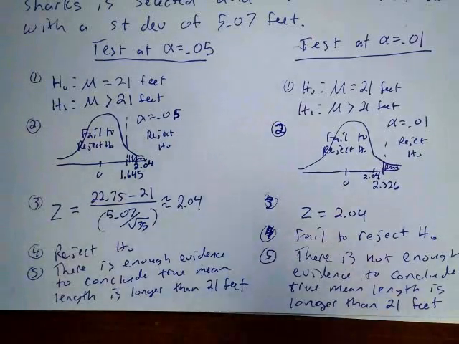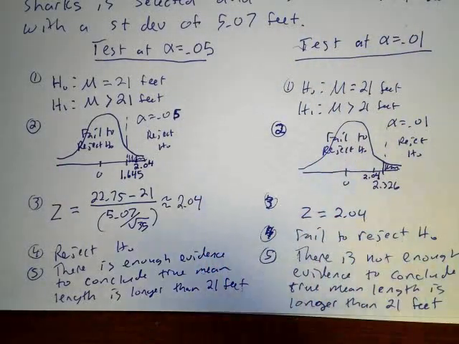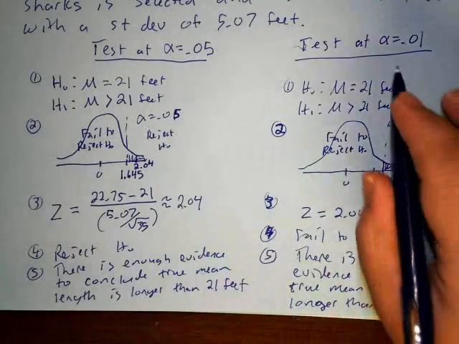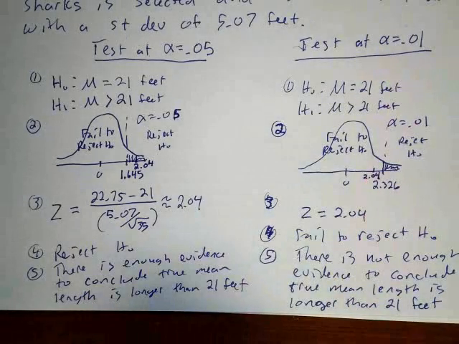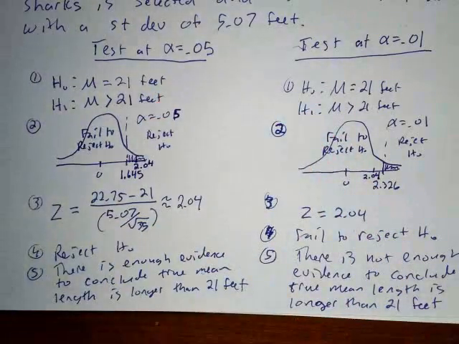Okay? And so you need to be aware of that and know that you're weighing evidence. Know that in this case you're requiring more evidence to reject. And so if you can reject it at this significance level, that's more significant than being able to reject it at this significance level. So those are some of the ideas of the type 1, type 2 error.